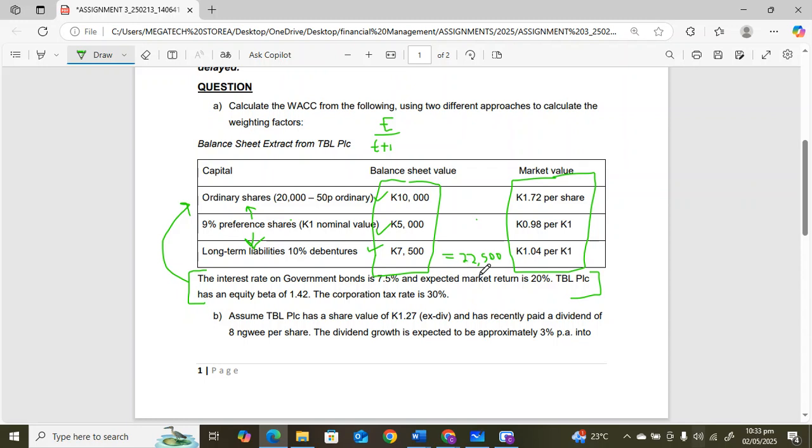Now we want to get the weightages. We want to find out of this 22.5, what percent is from ordinary shares, what percent is from preference shares, and what percent is from the debentures.